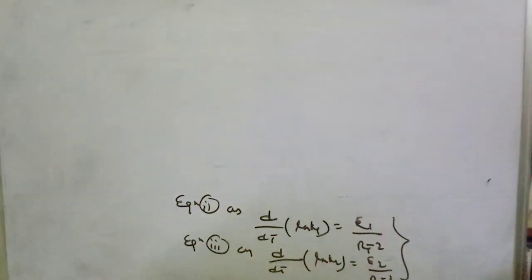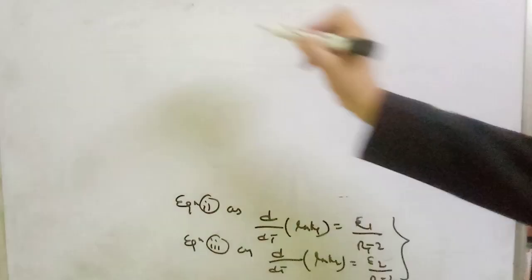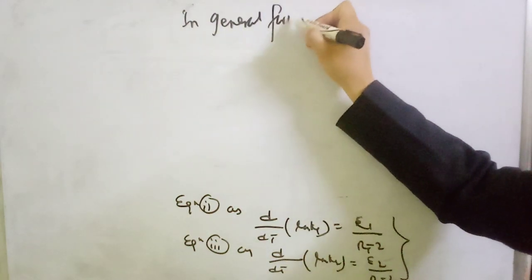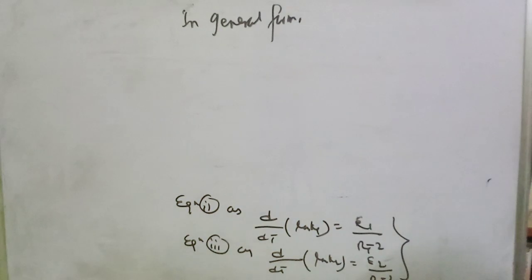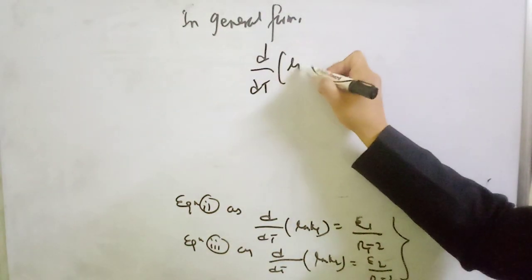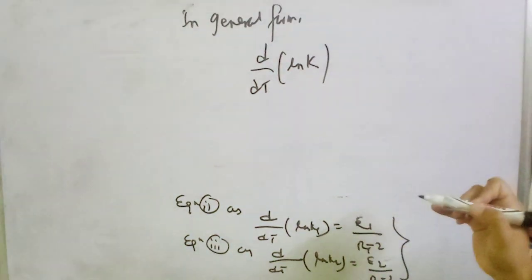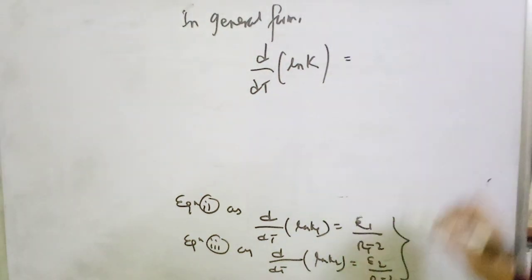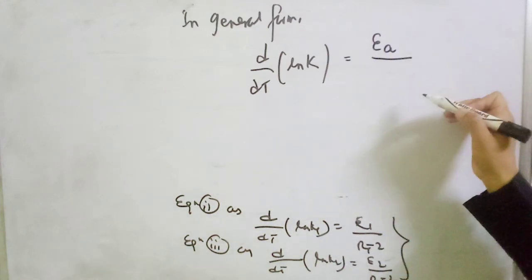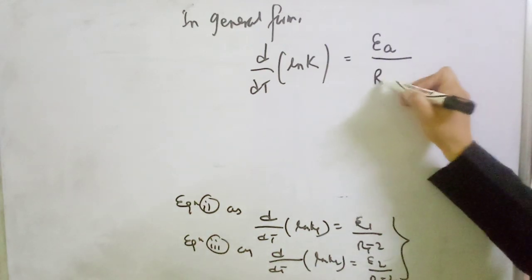Now seeing these two equations, we can generalize the equation. So in general form, you can write d upon dt ln K equals E1 or E2, the energy of activation Ea, divided by RT square.